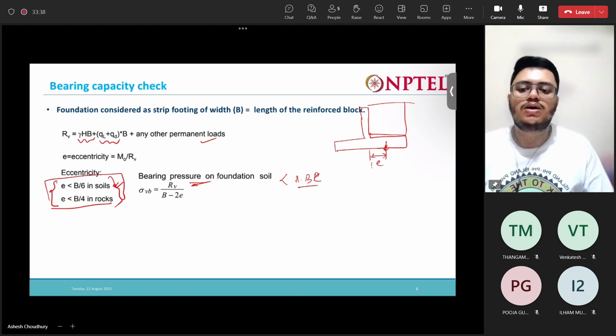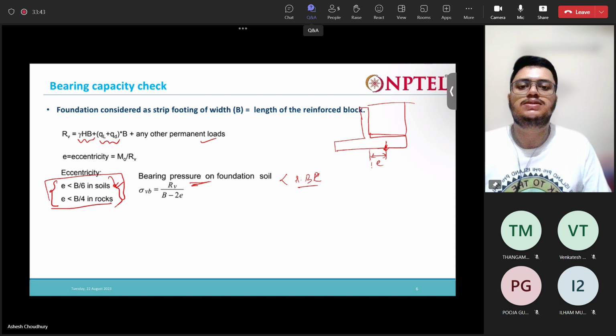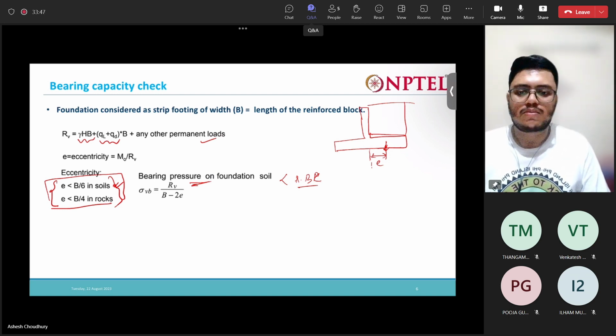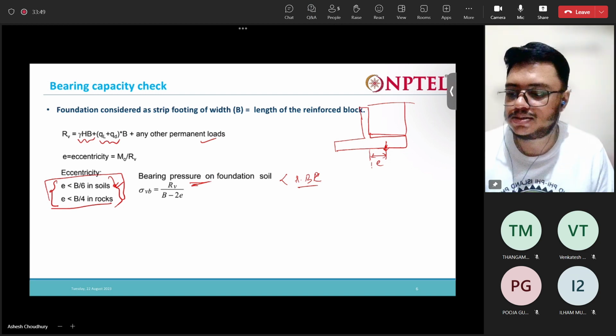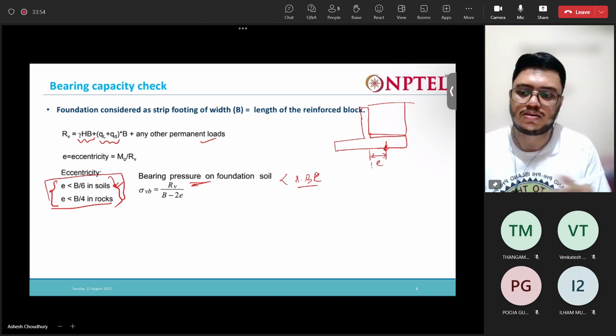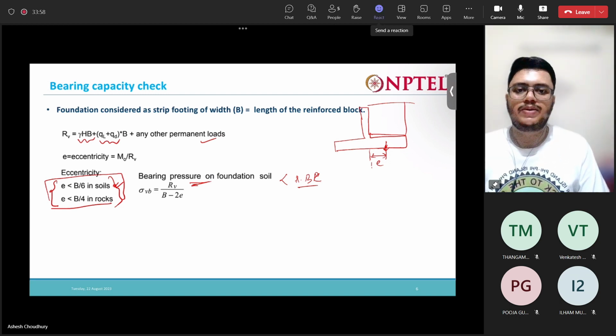All right. So, can someone define what is allowable bearing capacity? What do you mean by allowable bearing capacity?